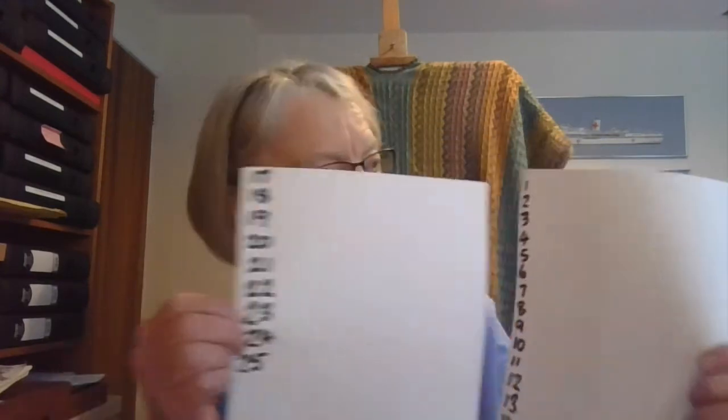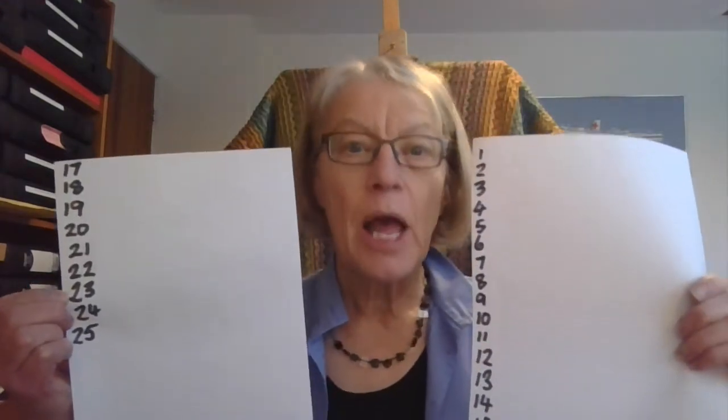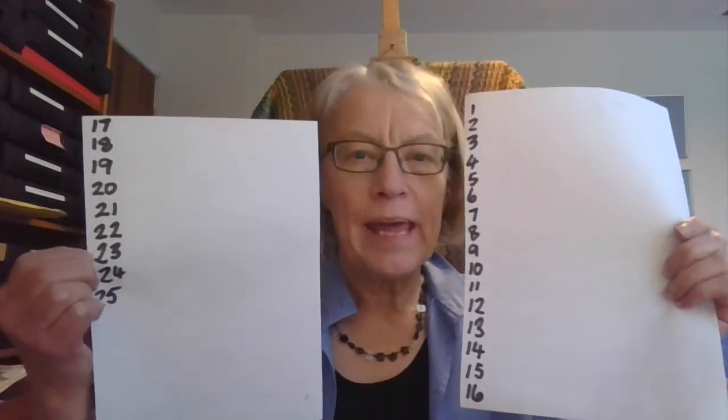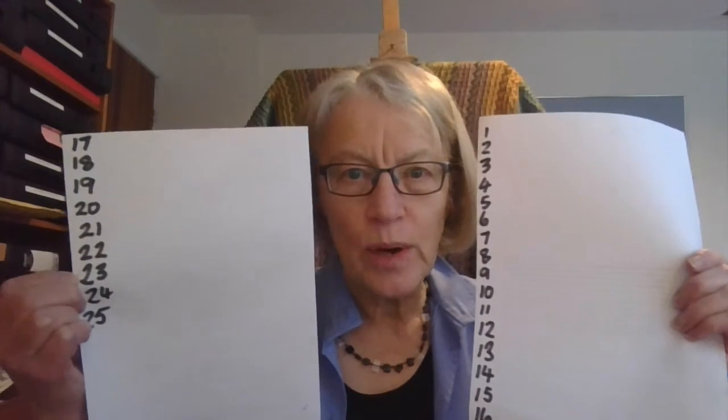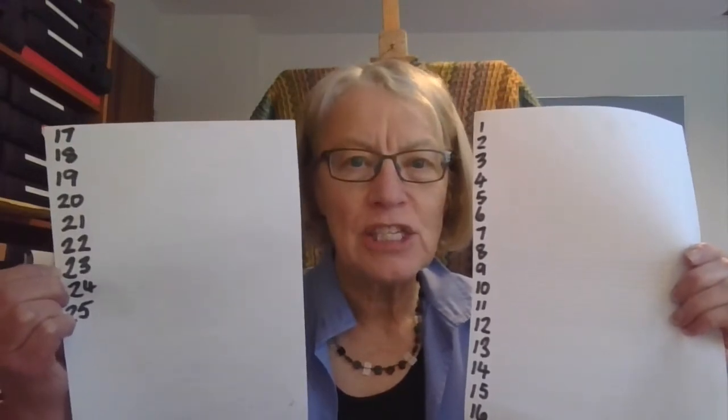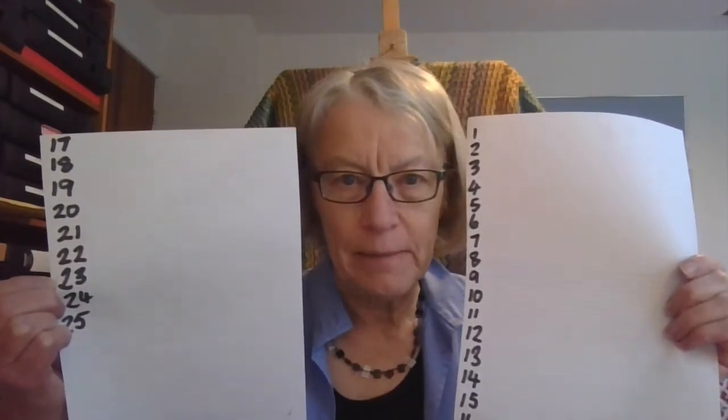Before we start, remember you need to have a piece of paper or two pieces of paper and a pen. And it's a good idea to have your numbers written down the side of your piece of paper already, because there will be activities and questions and you need to write down your answer.